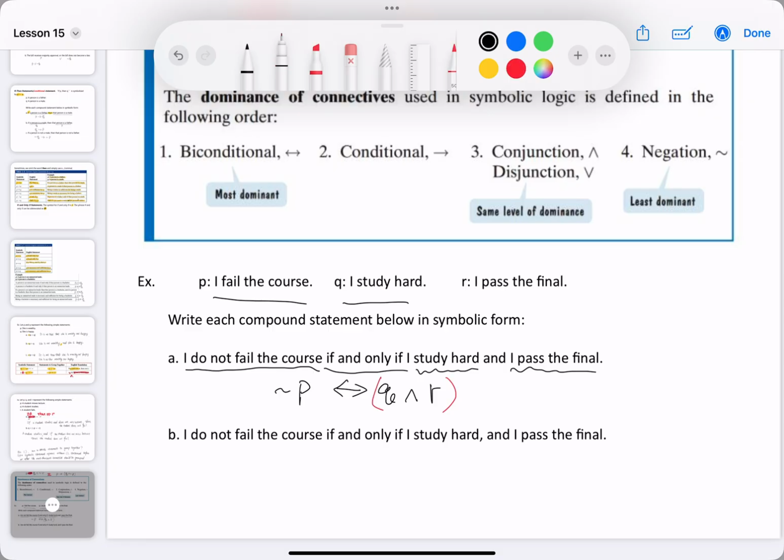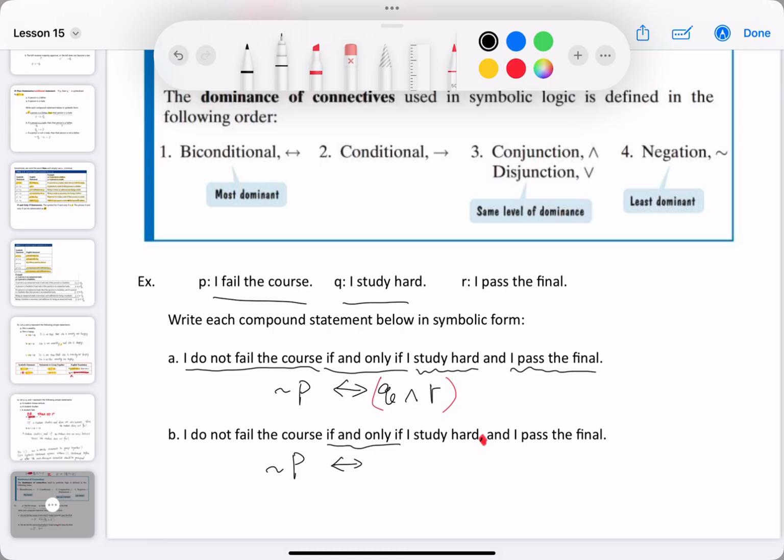So in this case, we have if and only if again. In front of if and only if, I do not fail the course, that is the negation of P. If I study hard, okay, but did you see something here? Yes. After if I study hard there is a comma.